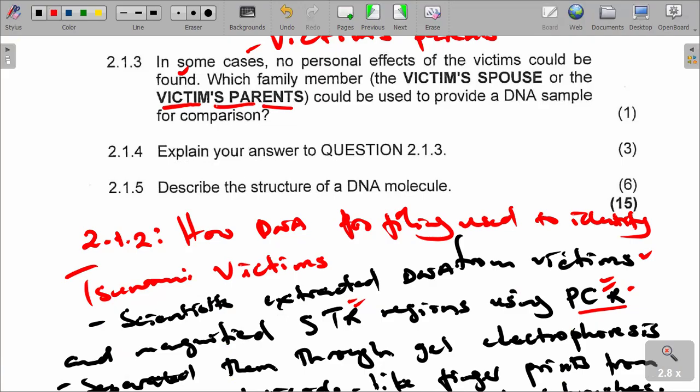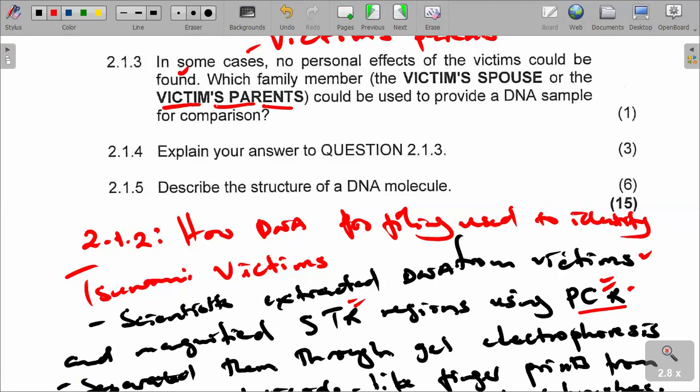What we need to understand is that parents each donate half of their genome. So band sharing is higher with the parents than with the spouse.